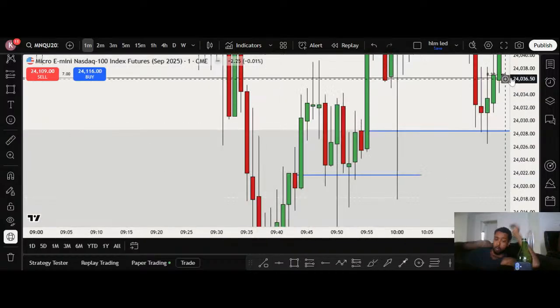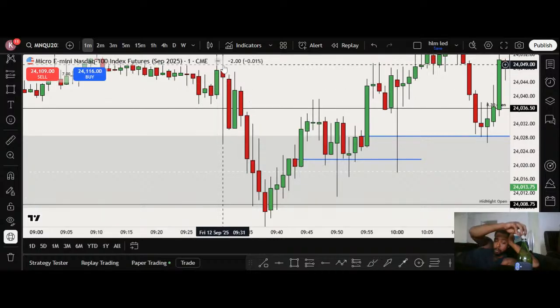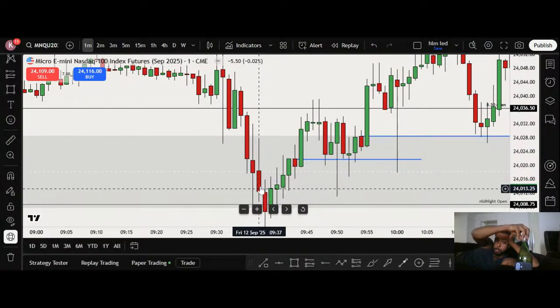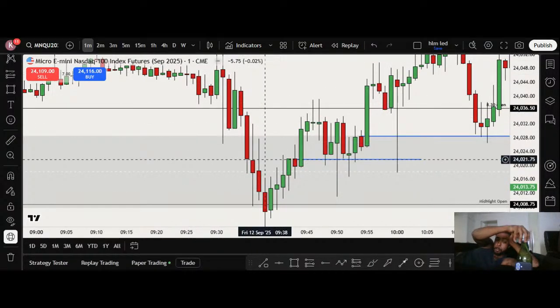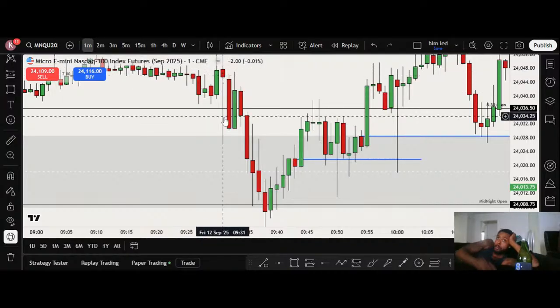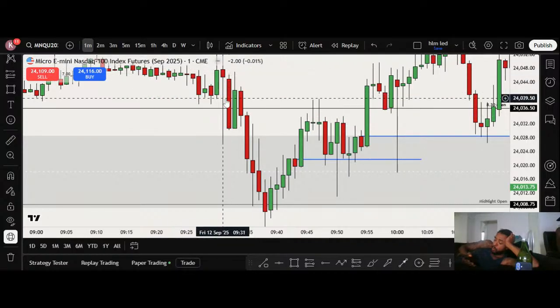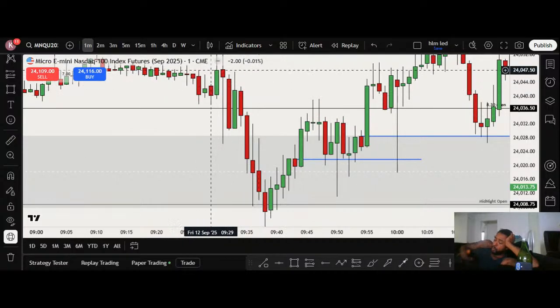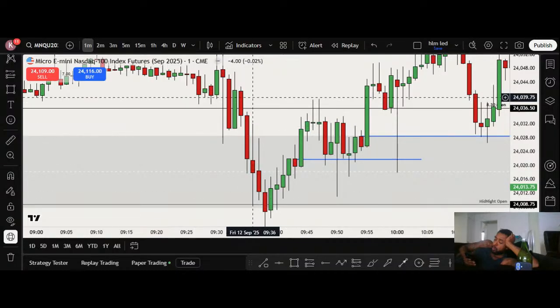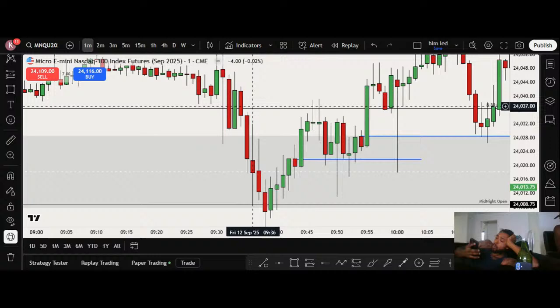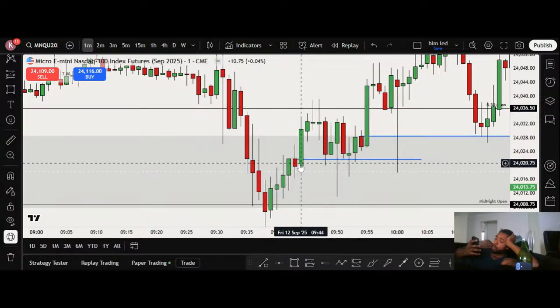We don't have a fair value gap in this leg right here at all. So we can't look for an inverse fair value gap here because there's no bearish fair value gap. So what do you rely on in this instance? Bullish order flow.